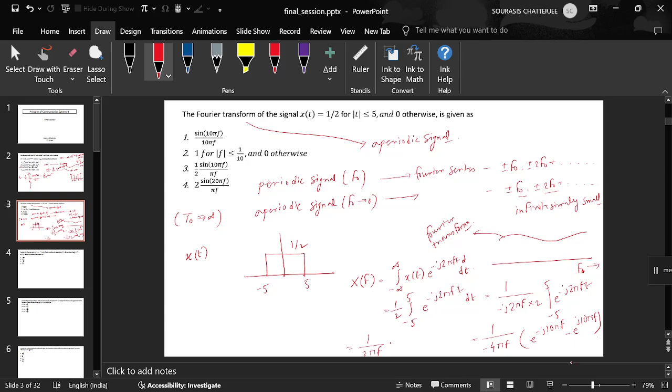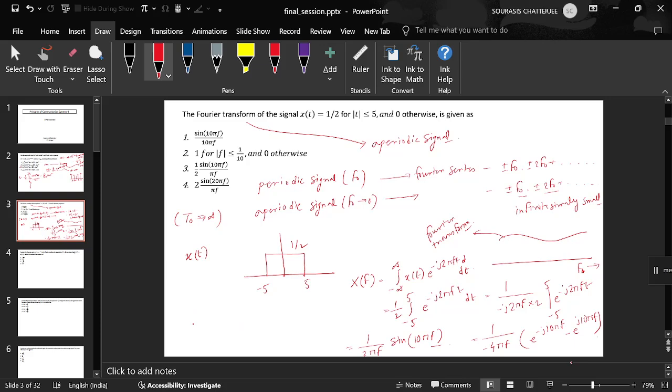If you calculate it, it will come out to be sine 10 pi f. The negative sign will be cancelled out, because b minus a will become a minus b, so that would lead to sine of 10 pi f, and here we are left with 1 over 2 pi f. So this is the expression of the Fourier transform.